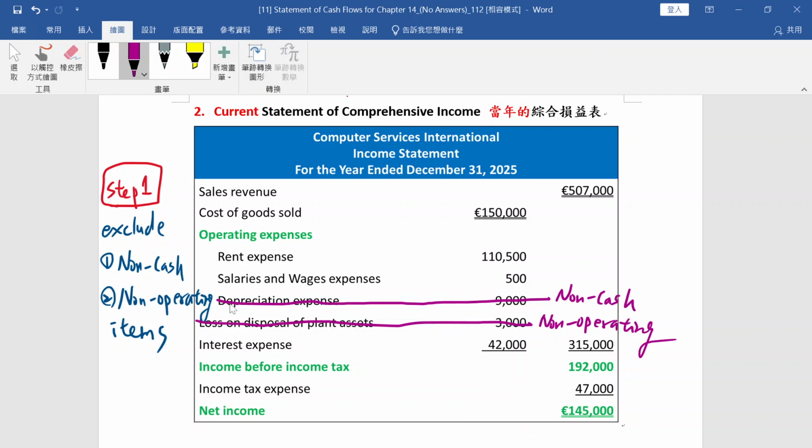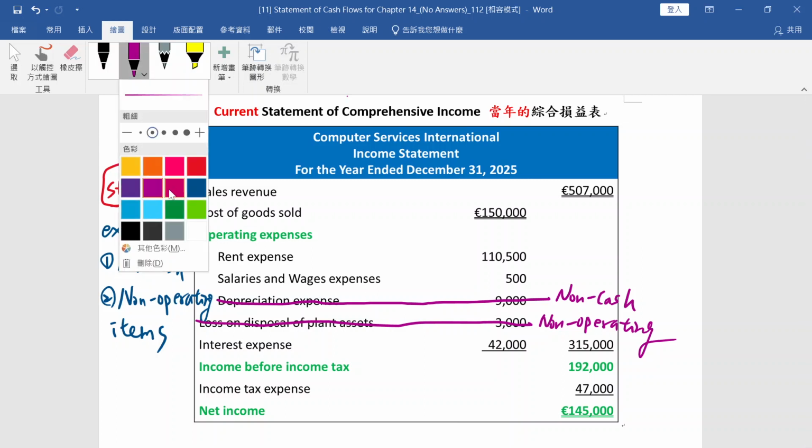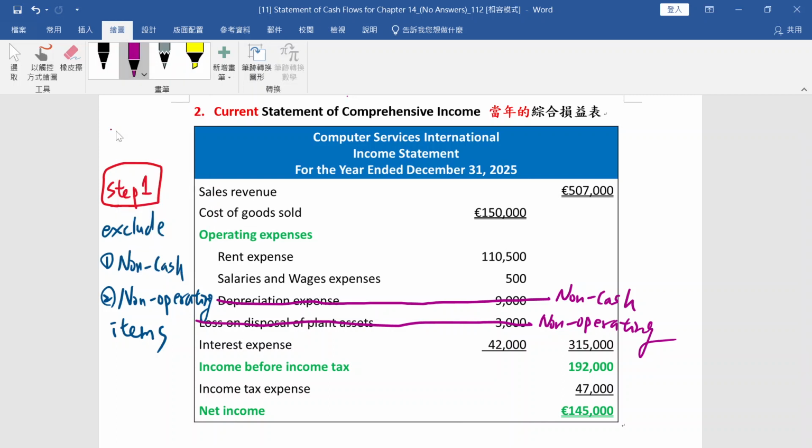Okay, any questions? So step 2, the other items, we have to figure out their cash flows. So the other items, how many?